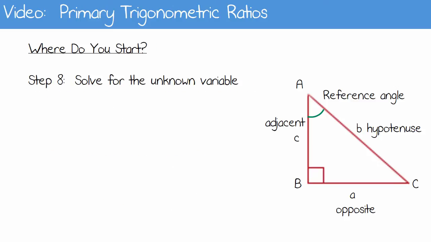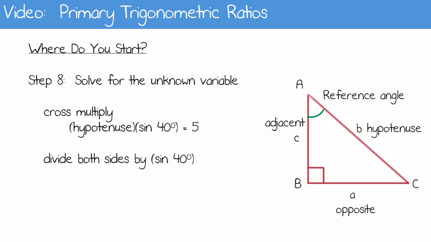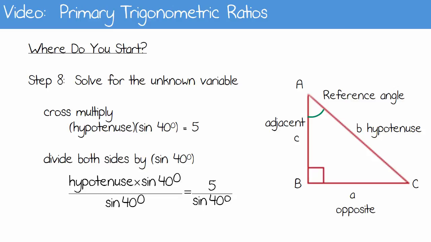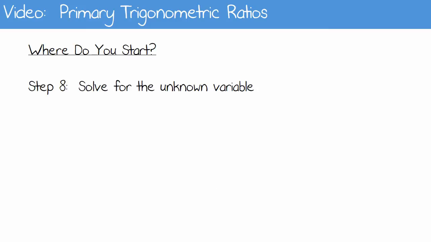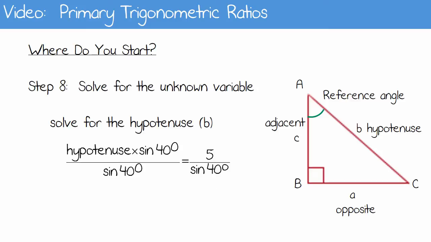And now, step 8, solve for the unknown variable by cross multiplying, and you would get the hypotenuse times sine of 40 is equal to 5. Divide both sides by sine 40 degrees. The hypotenuse times sine 40 degrees divided by sine 40 degrees is 5 divided by sine 40 degrees. Solve for the unknown variable.